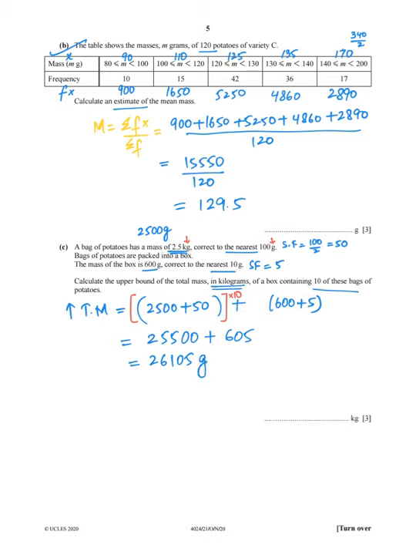Give your answer in kilograms. That means we need to divide it by 1000 to convert it into kg. So divided by 1000, it equals 26.105 kg. That is your answer.